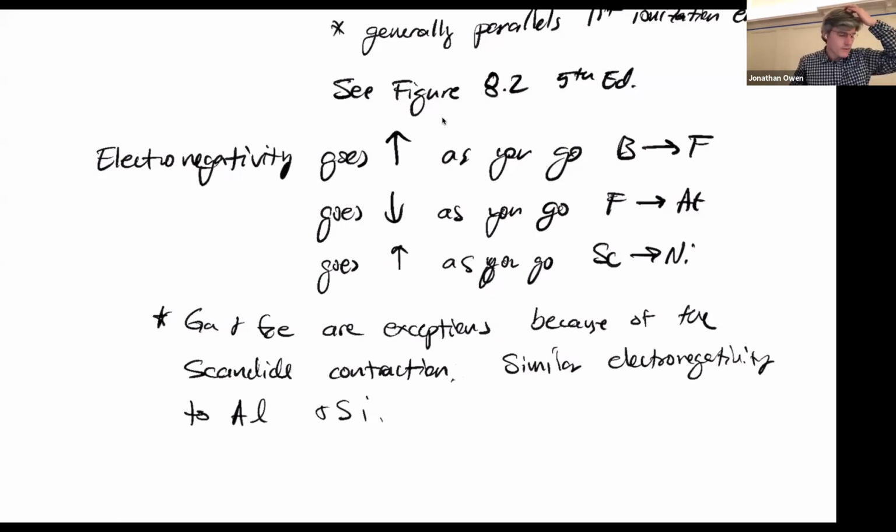Gallium and germanium are after the first D shell, so you get this unusually high electronegativity. Okay, so let's move on now.